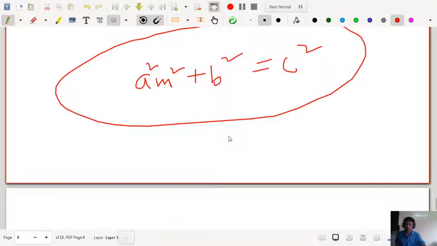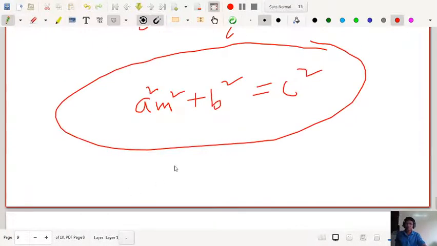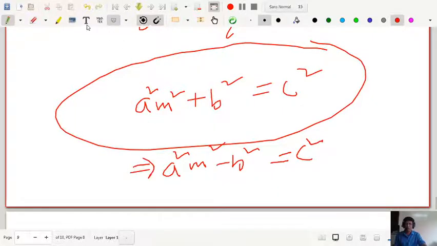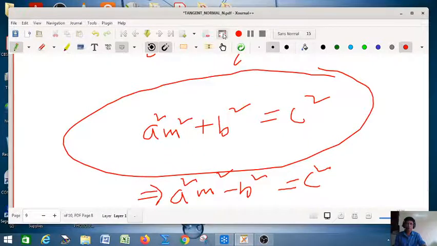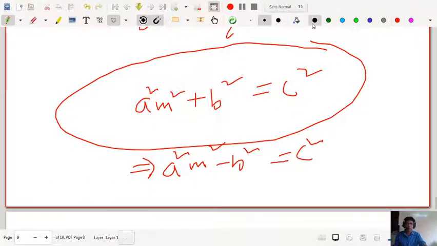And for a hyperbola, what will you get? For a hyperbola, it will be a square m square minus b square. Sorry, so it will be for the hyperbola.